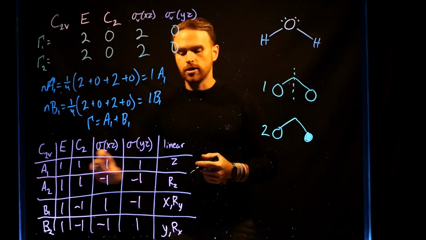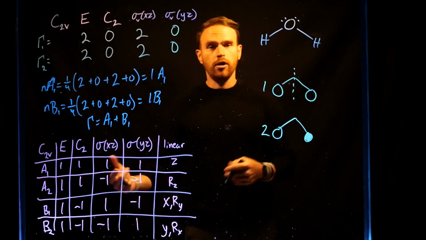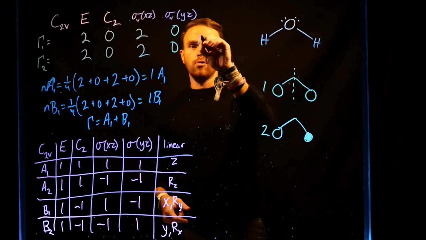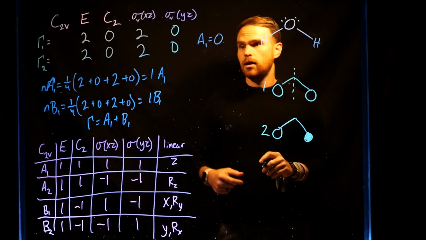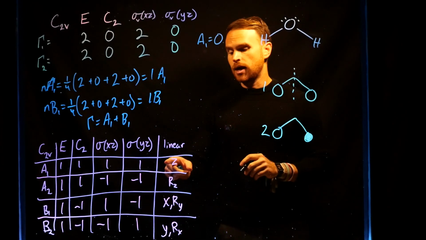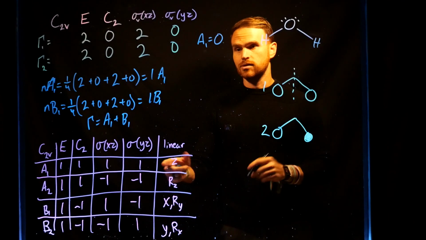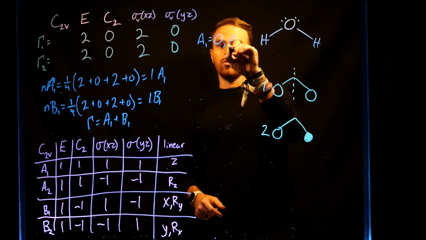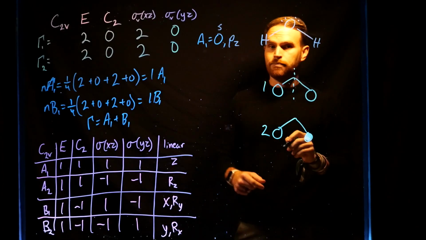They actually don't even put it in there because it is always the top row. So A1 corresponds to an s orbital on the oxygen atom. I also see in the linear column that it corresponds to the z-axis, or the pz orbital. So this is both an s orbital and a pz orbital.